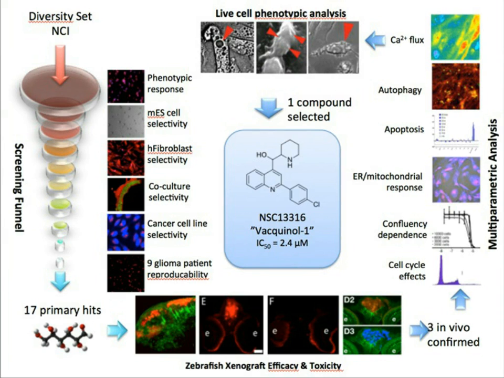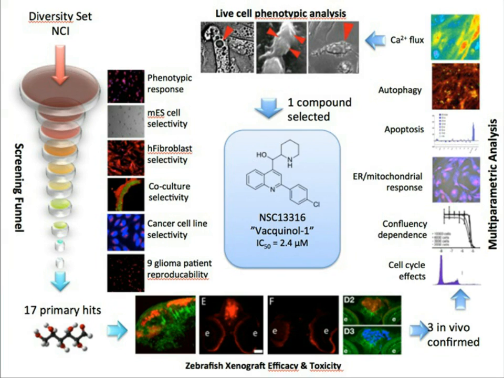This was done by using Operetta's Z-stacking feature, where we could take optical sections at different levels on the cell, and we counter-screened these compounds on embryonic stem cells and fibroblasts. We also developed co-culture and different other cancer lines. And we identified a few compounds that seem to be specifically killing these stem-like cells from glioblastoma multiforme patients.